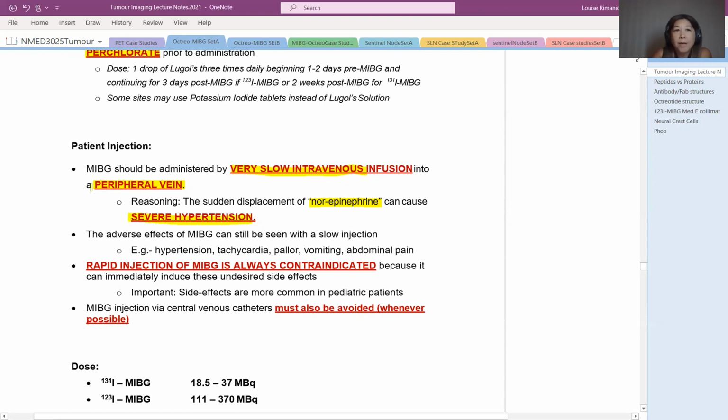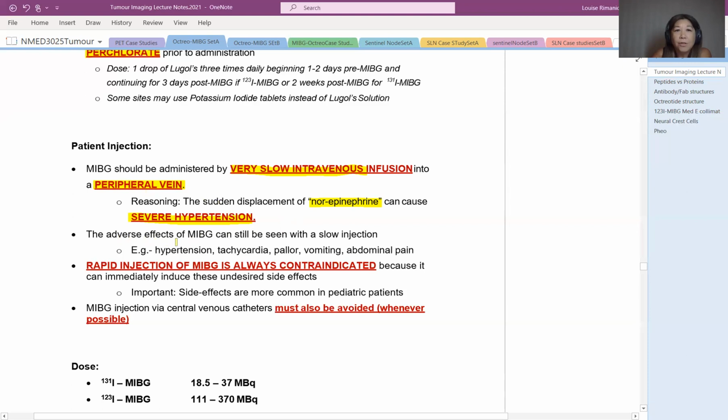The reason for giving it into the peripheral vein, again, is so that it has time to mix with the circulating blood before it reaches the heart, as opposed to giving it in a central line where it's dumped right into the heart. And again, it may cause some adverse effects and unpleasant symptoms in the patient.